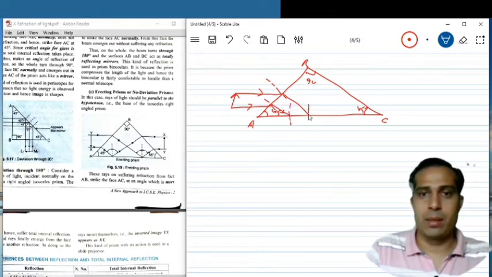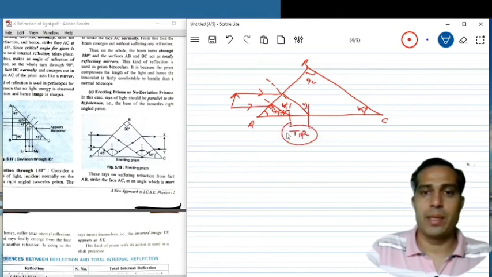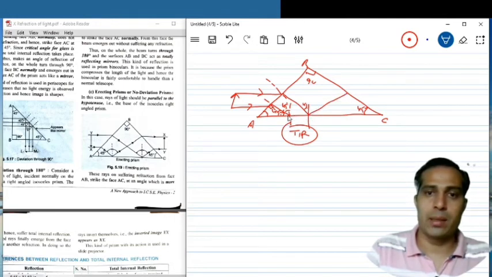Here this angle is 45, and this angle will be 45, and this will be 90 in total. Here the angle of incidence will be 45, which is again greater than 42. So there will be TIR on this surface, and it will get reflected like this towards the second surface.